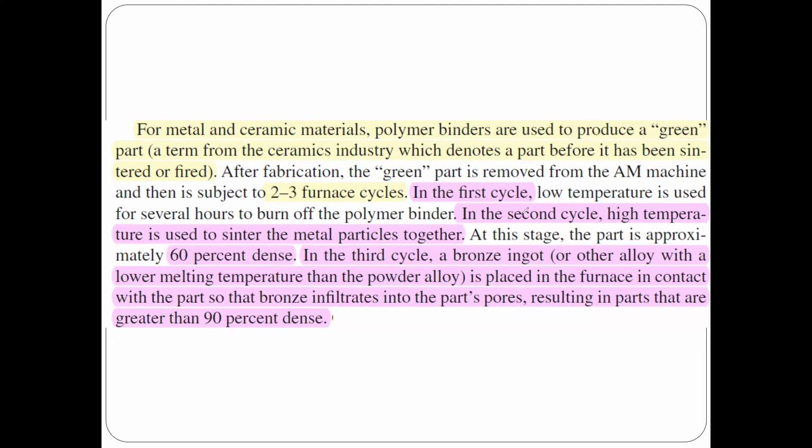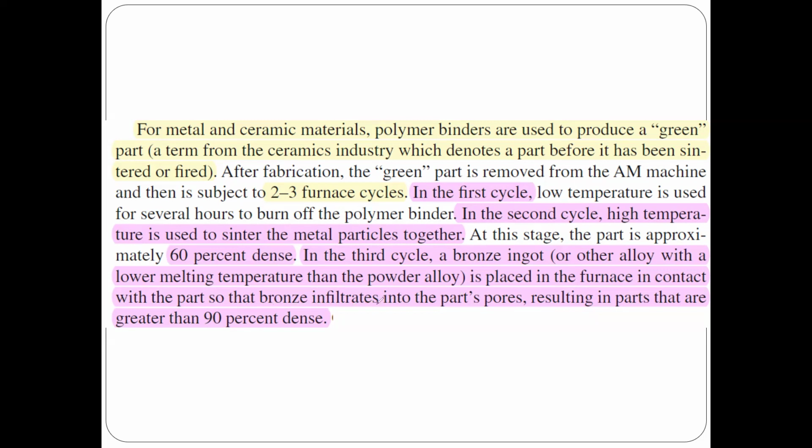In the second cycle, high temperature is used to sinter the material parts together. At this stage, the part is approximately 60% dense. And in the third cycle, the bronze ingot or other low melting point alloy is placed in the furnace in contact with the part so that the bronze can fill inside the part pores, resulting in a part that is greater than 90% dense.